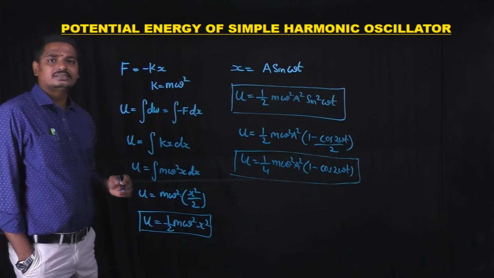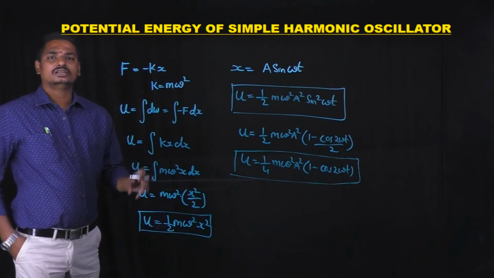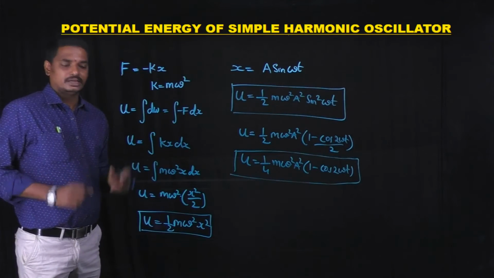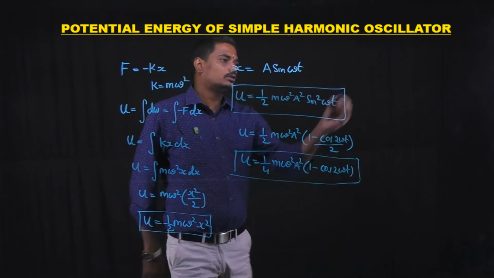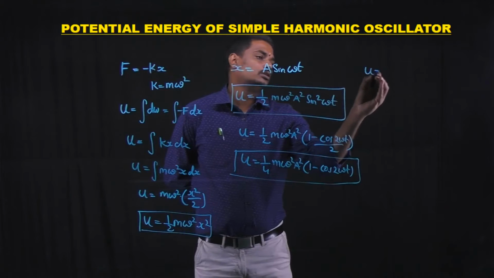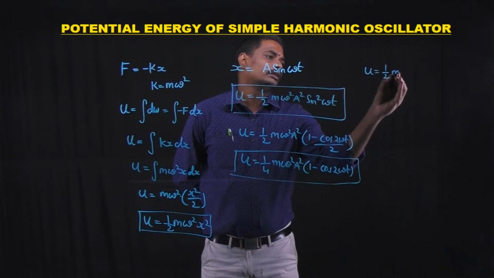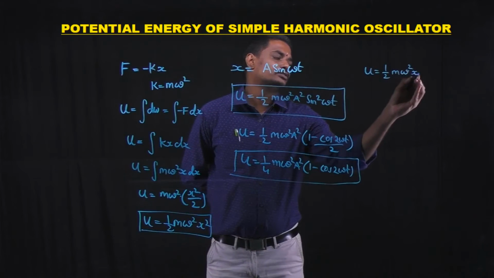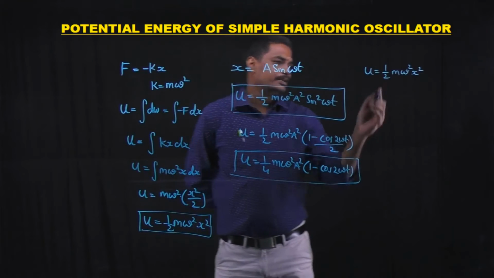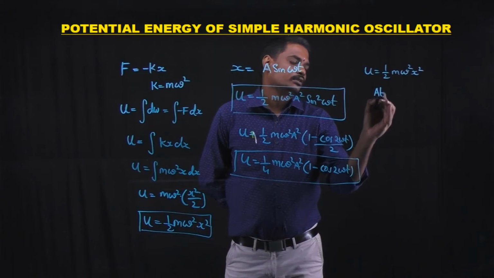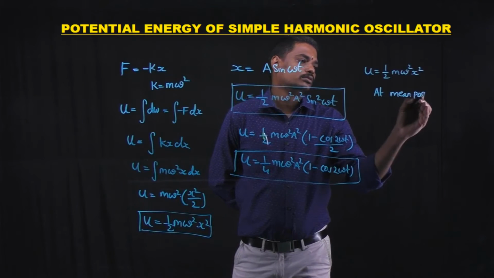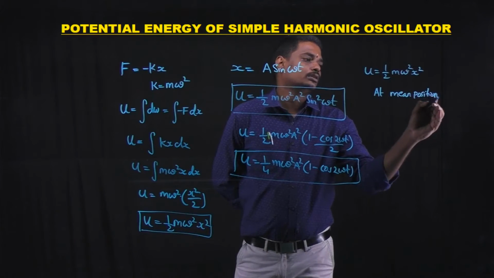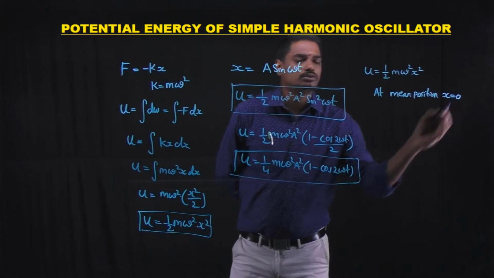Now let us see when the potential energy will be minimum and when it will be maximum. From this expression, U is equal to half m omega square x square. At mean position, displacement x is equal to 0.